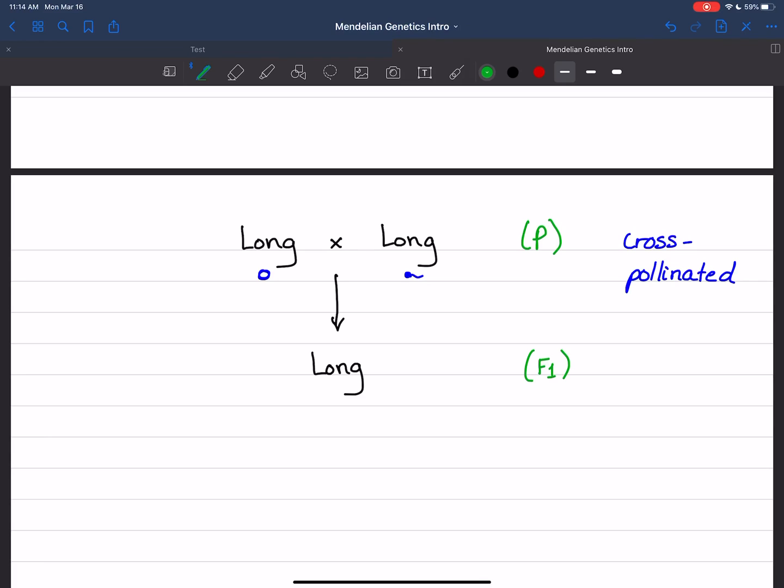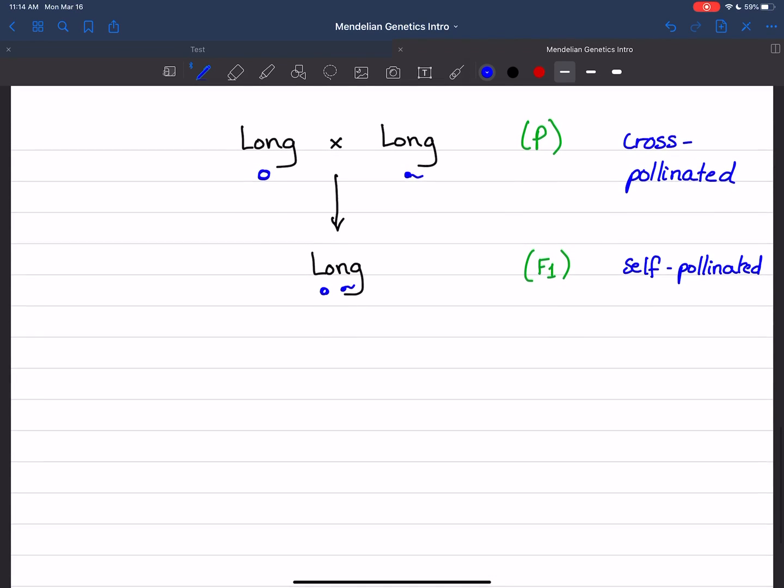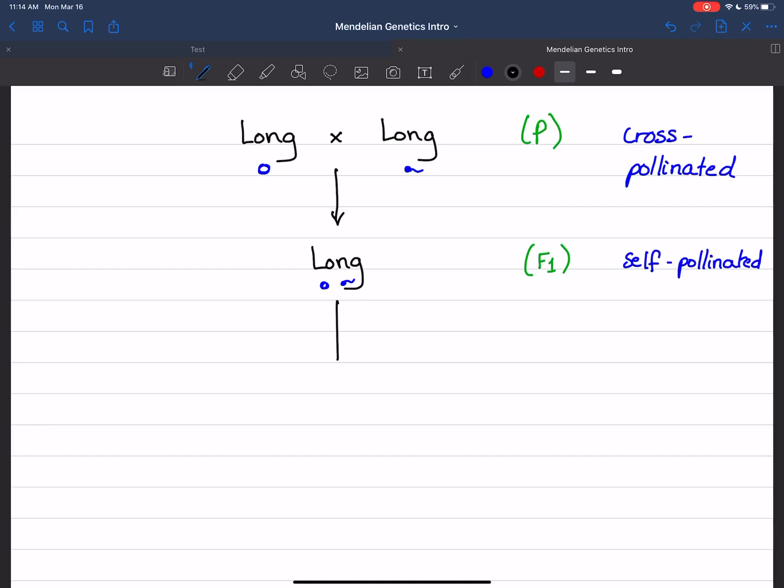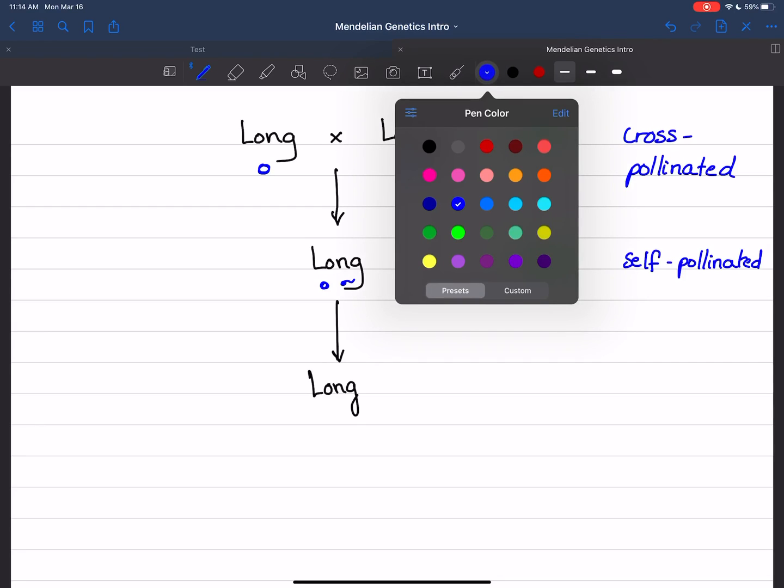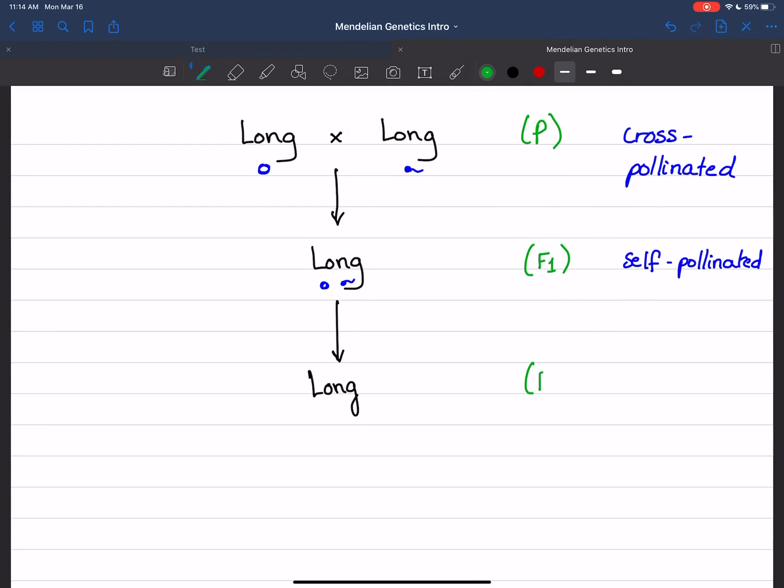Then he took these F1s and he self-pollinated, which means that the egg and the sperm both came from this particular plant, the same one. And not surprisingly, for the F2, he got long plants.